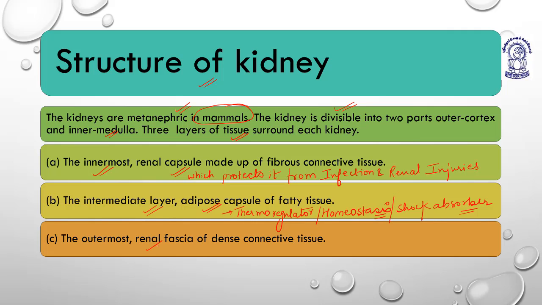The outermost layer is the renal fascia, which is made up of dense connective tissue. The fascia anchors the kidney to the abdominal wall.